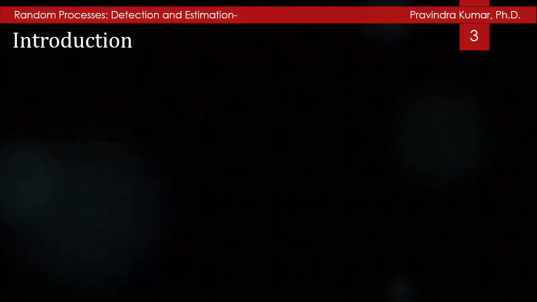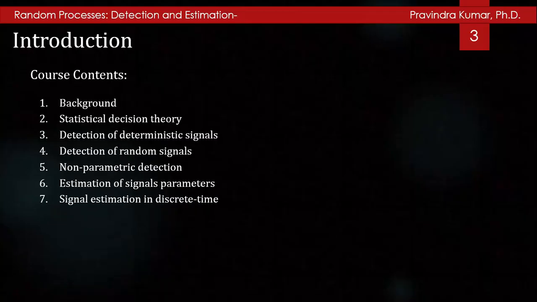The course contents have 7 different outlines. First, a background, where we will review random processes, Gaussian variables and processes, and problem formulation and objectives of signal detection and signal parameter estimation. The second outline is statistical decision theory.